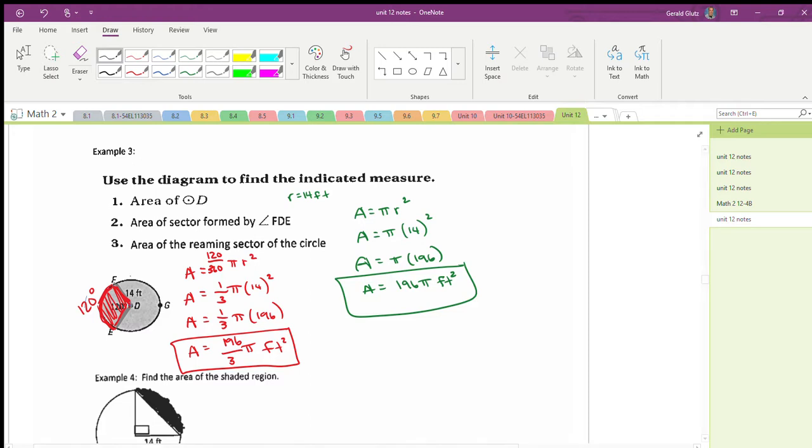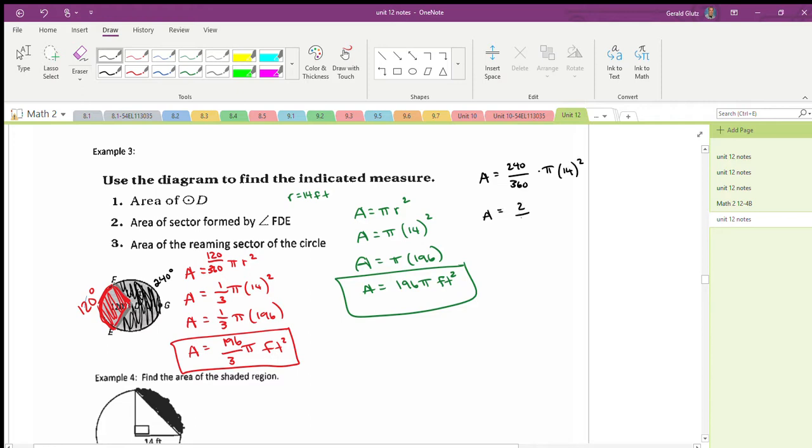So now if I wanted to find the rest of the circle, this black part that I'm going to shade in here, there's a couple different ways we could do it. We could just subtract the full area minus this one, or I know that this part of the circle would have to be 240 degrees if the red part's 120. So I could do 240 divided by 360 times pi times 14 squared.